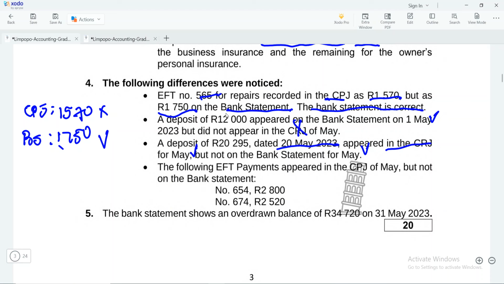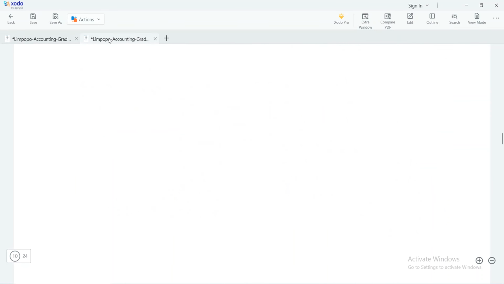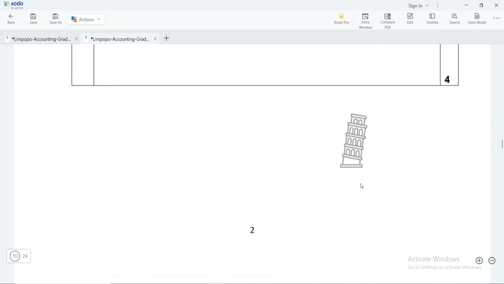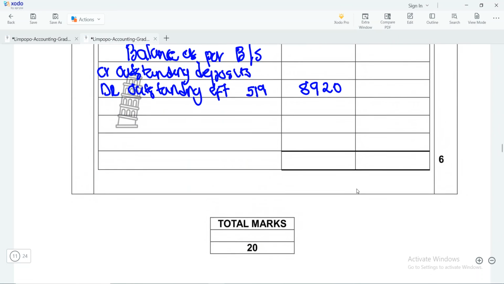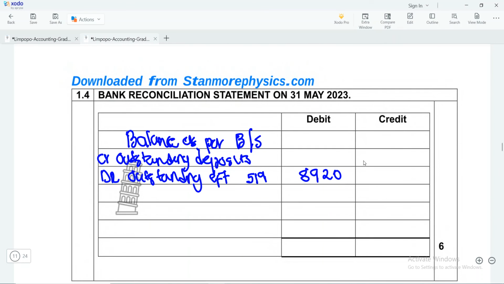It's there in the journal but it's not there in the bank statement, and this is probably because the deposit was made after the bank statement was drawn, so hence it will not appear. Okay, so we're going to take it and put it as credit outstanding deposit, 20,295. So we'd have that 20,295 here in the credit side.